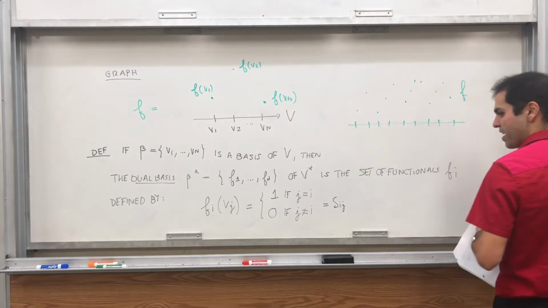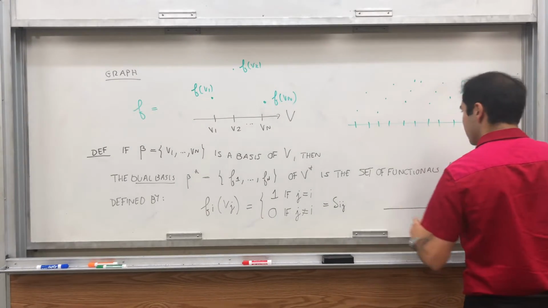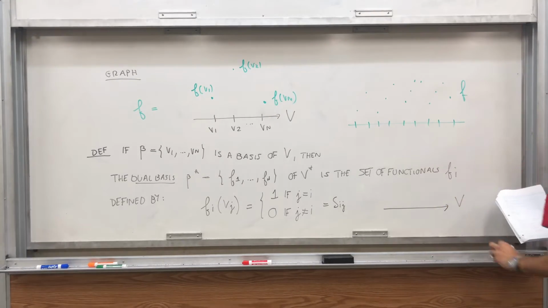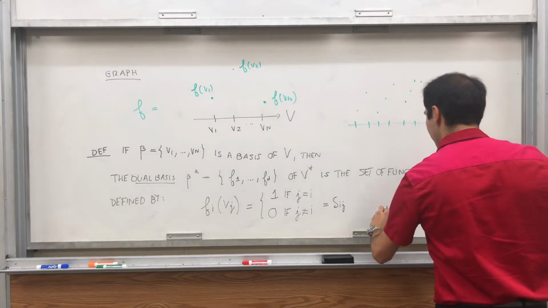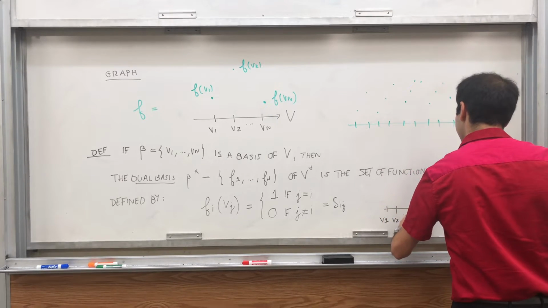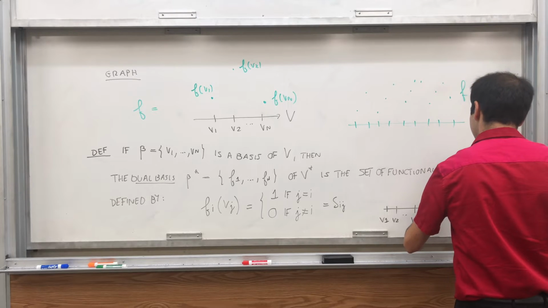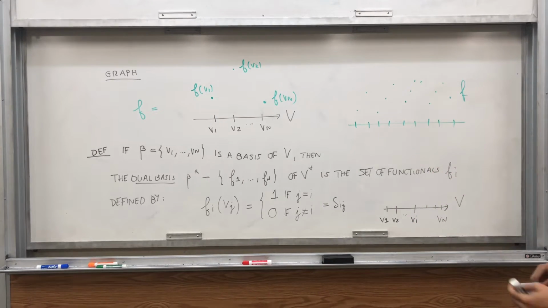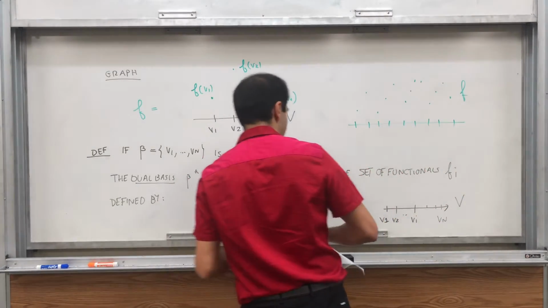So in terms of pictures, again, in terms of this beautiful graph that I have, if you have vectors v1, v2, dot dot dot, let's say vi, dot dot dot, vn, then what does fi look like? It's 0 everywhere.